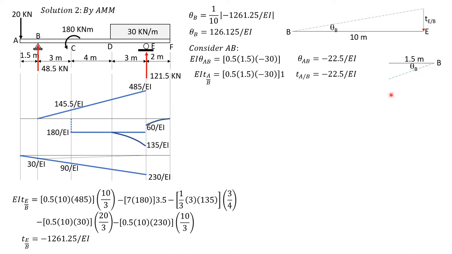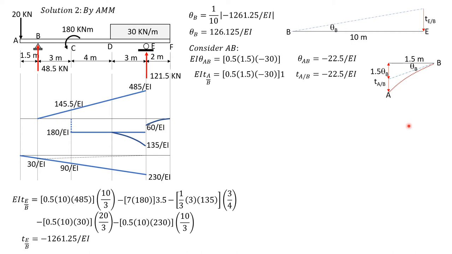Then the location of A should be here, below the reference tangent, because the deviation of A relative to B is negative. Considering this right triangle, this is 1.5 theta B, and this is the location of A at the bottom. Then this is the deviation of A relative to B, which is negative.